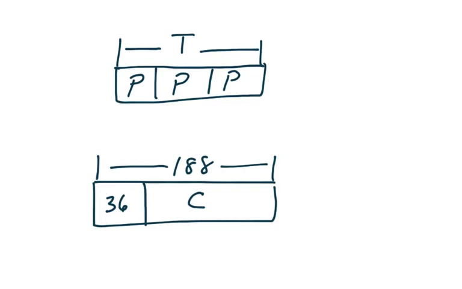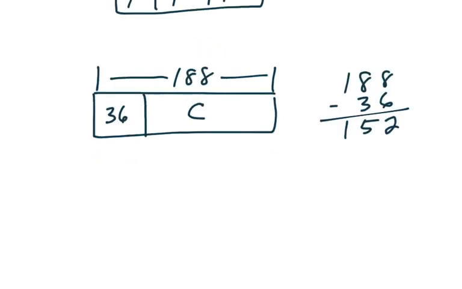And the reason why C is taking up so much space is because 36 is a smaller number, so it's not going to take up as much space as whatever C is. So for us to figure out what C is, we have to subtract. So 188 minus 36 is 152.